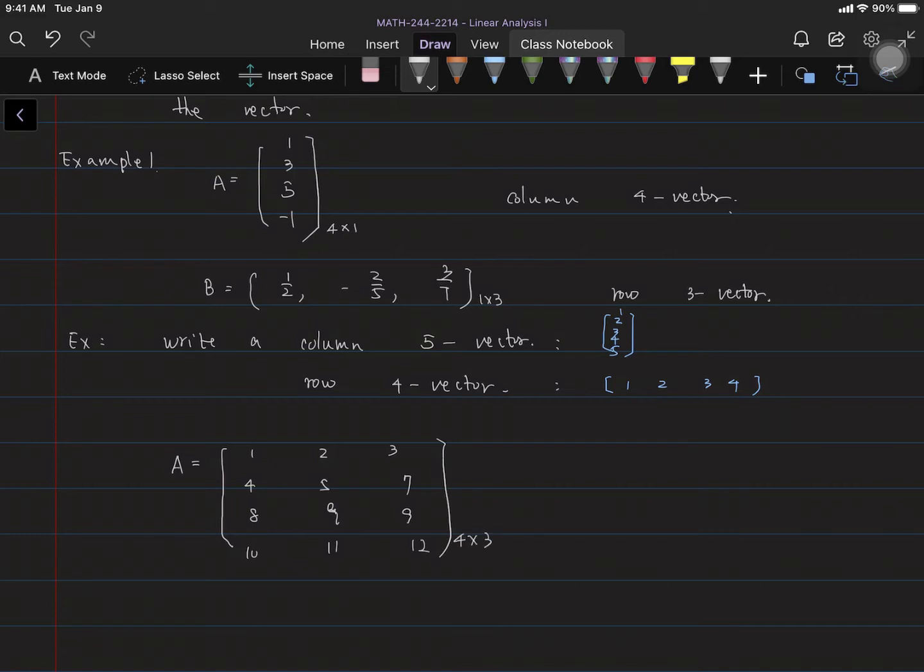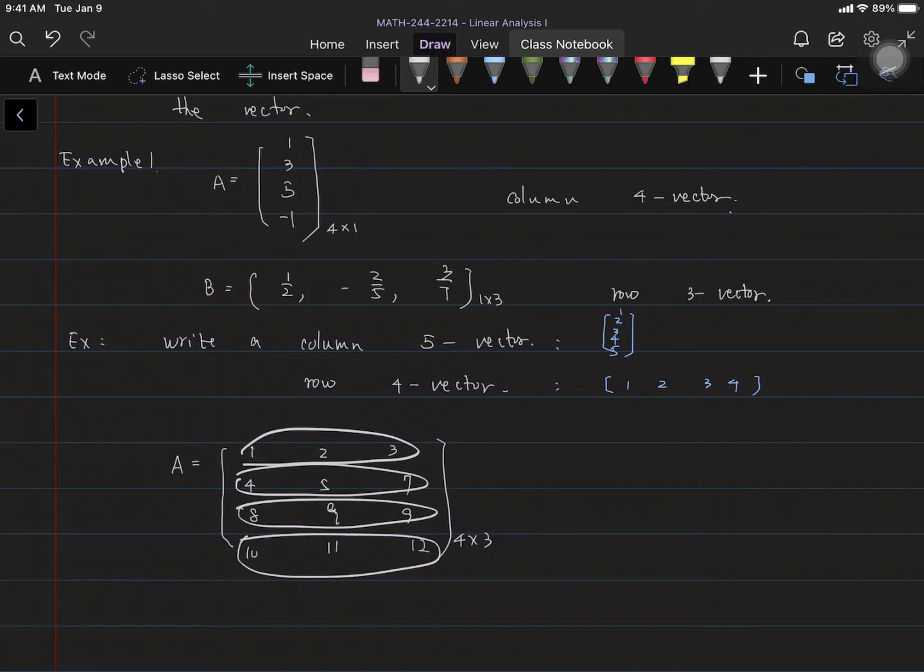In this case, we can look at this matrix as made by 4 row vectors, or we can look at this as made by 3 column vectors. Can you see? Okay.